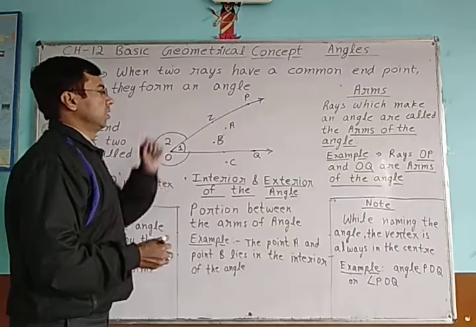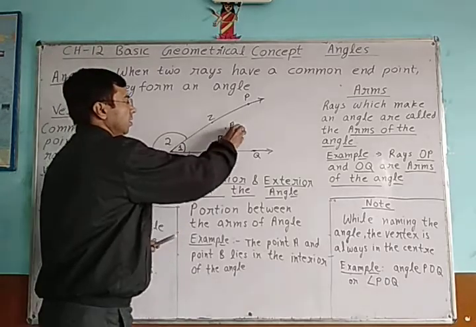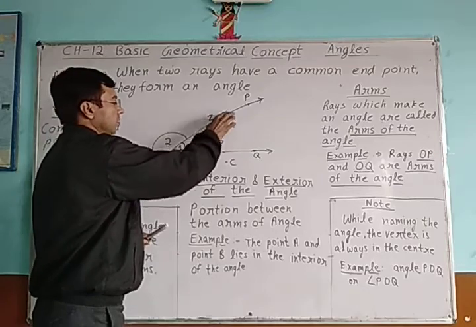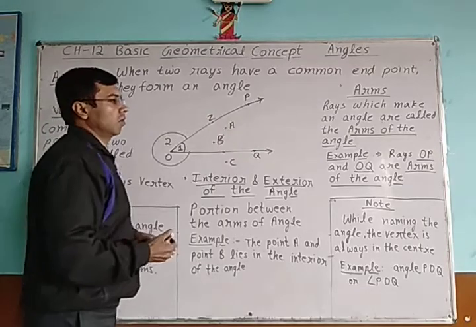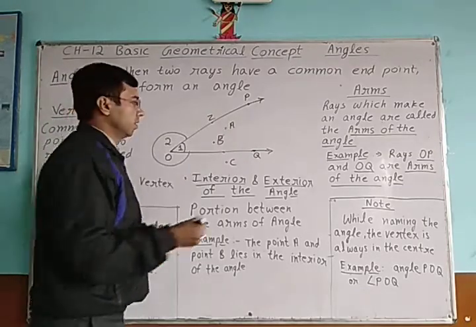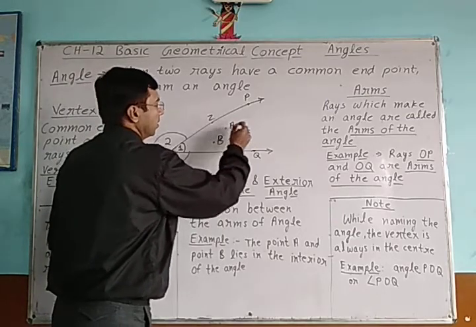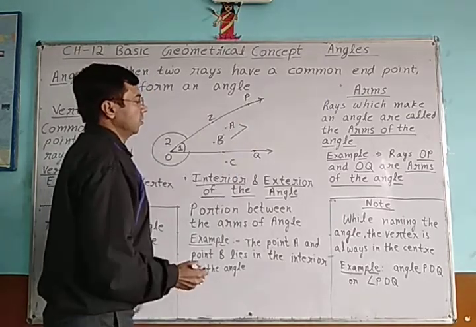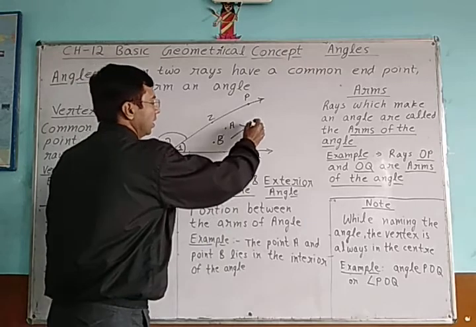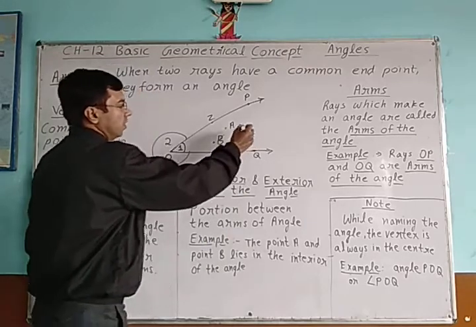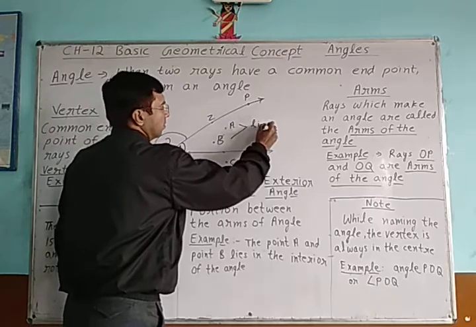So any point lying between these two arms is called interior of the angle. Point A and point B, what are they? Point A lies in the interior of the angle. Point B lies in the interior of the angle.